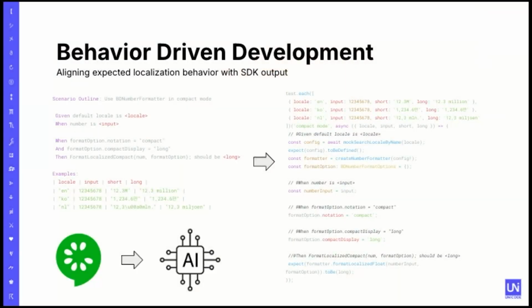Yeah, and so another one of the ways that we align expectations with the linguists, the PMs, and the developers is through behavior-driven development. This is a development methodology that is a little bit similar to Agile, where we take inputs or assertions or expected behaviors from our request intake process and turn that into test cases.